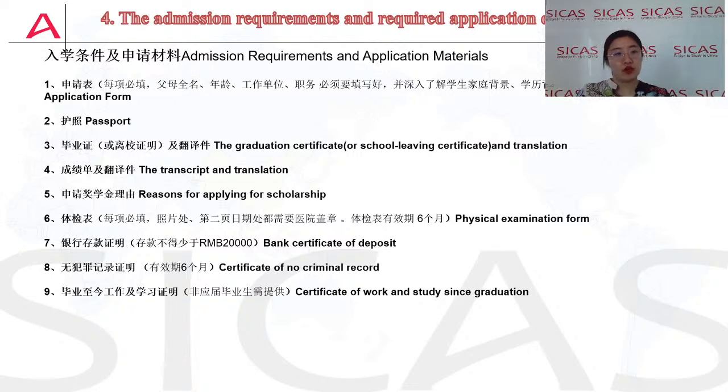And then we want a transcript and its translation, reasons for applying for the scholarship, a physical examination form, a bank certificate of deposit, a certificate of no criminal record, and a certificate of work and study since graduation. So I would have you take a screenshot as well, because there are a lot of documents to prepare for.